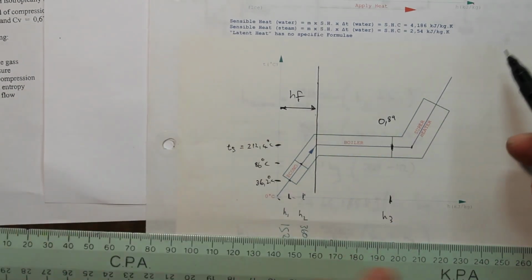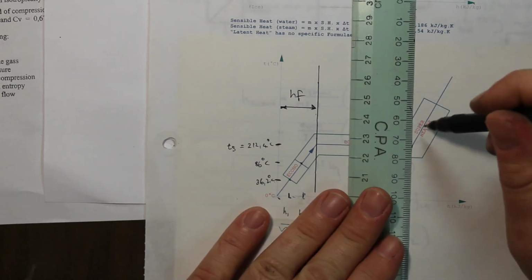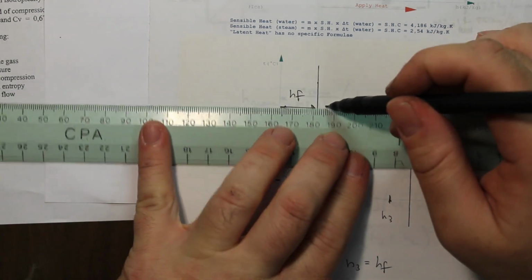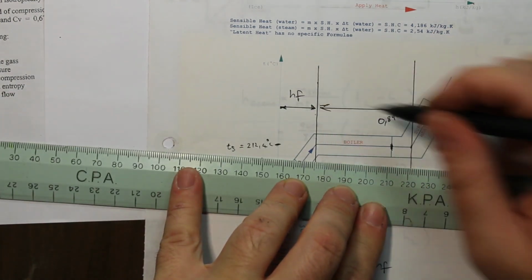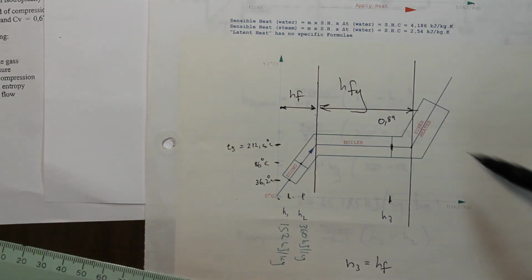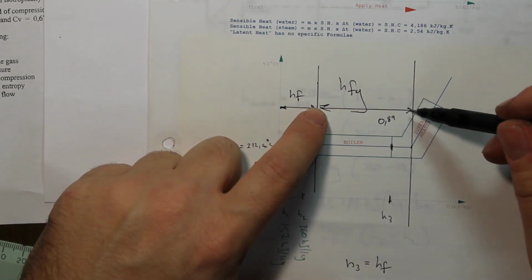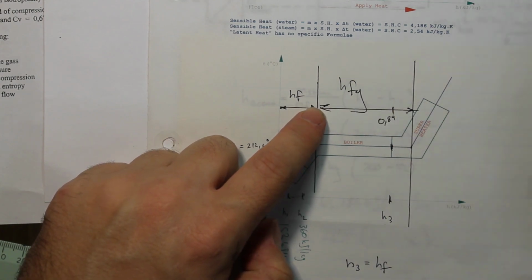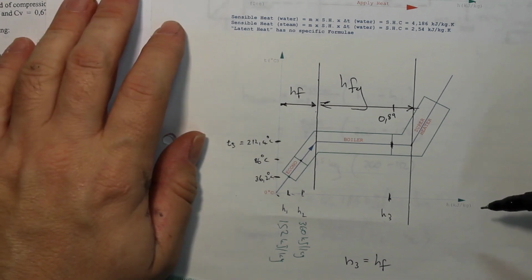And then the steam tables tell us what HFG is, and that is this portion here. But we need to go not all the way. We have to go 89% of the way. So how are we going to figure that out?